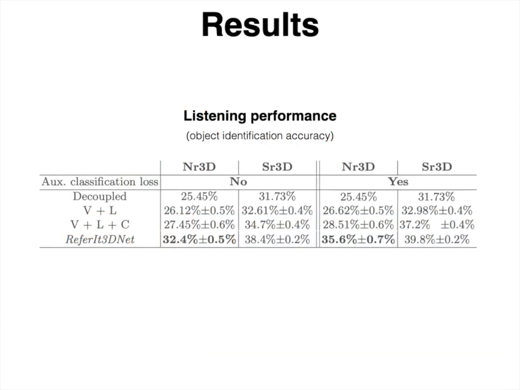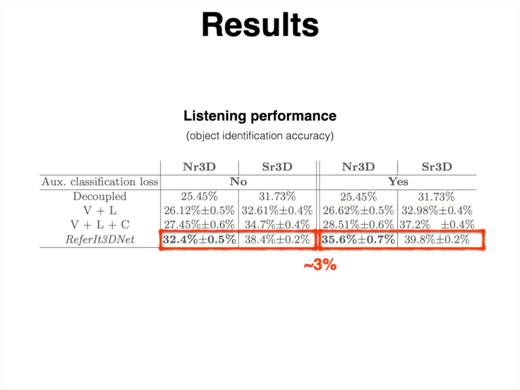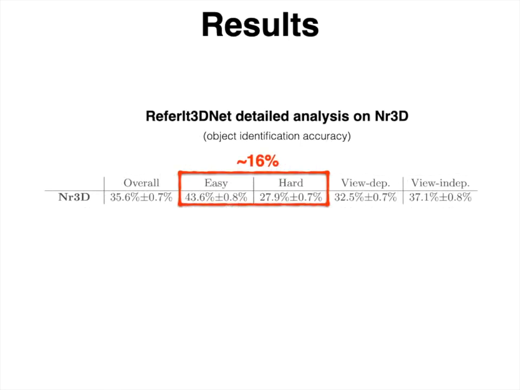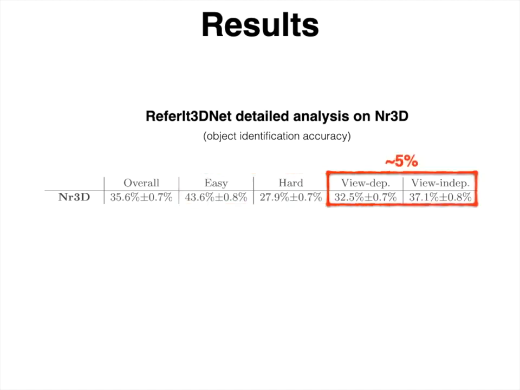Our main findings are the following. The explicit context incorporation in ReferIt3D net gives a boost in the performance with respect to the less context-aware baselines of about 7%. Using the two auxiliary losses in ReferIt3D net improves performance by up to 3%. As expected, ReferIt3D net performs better in easy contexts than hard, but also does better in descriptions that do not refer to a target in a manner that relies on a single specific view.